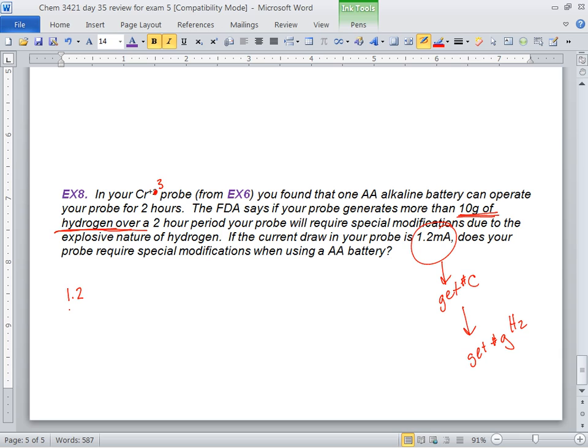Milli is 10 to the negative 3. And instead of writing amp, I could write what over what? Coulombs over seconds. So just multiply that by the number of seconds.